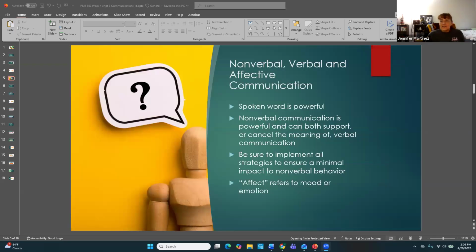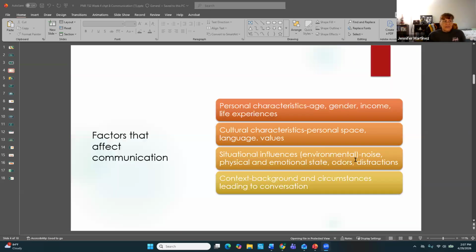So here are some of the things that affect communication. So, oops, and I just hit, sorry. So personal characteristics, things like age, right? We don't talk to a school age child the same way that we would talk to an adult, or even an adolescent, right?